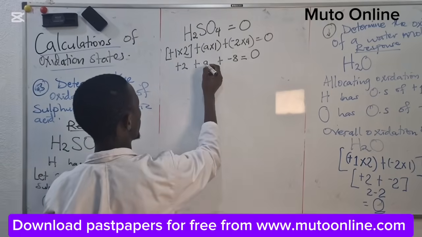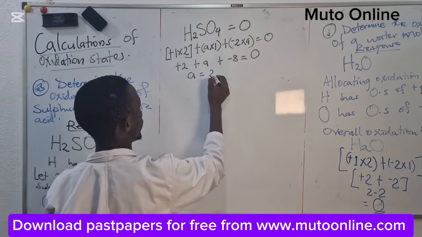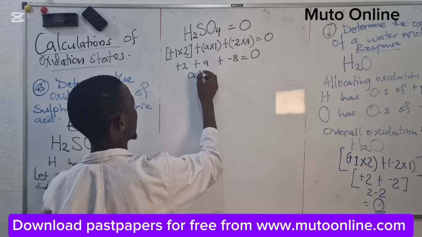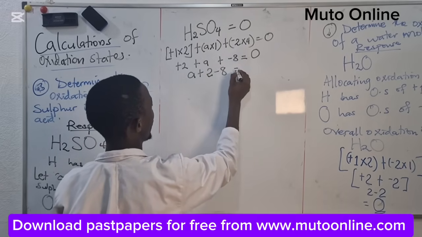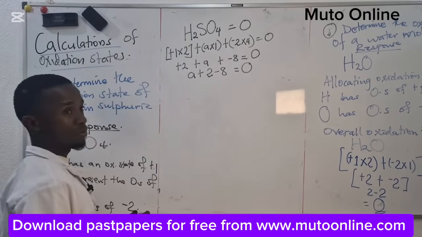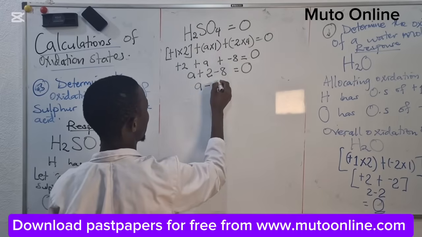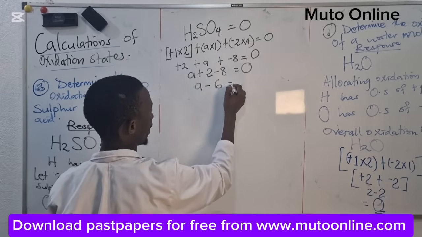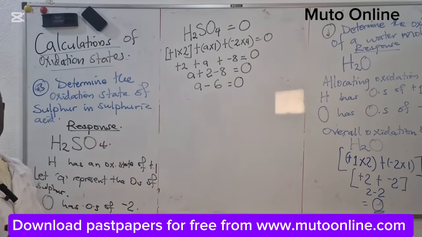So let's correct the terms. Our A plus 2 minus 8 will be a 0. So this will give us A minus 6. When we place this on a calculator, we shall get that equaling to a 0.